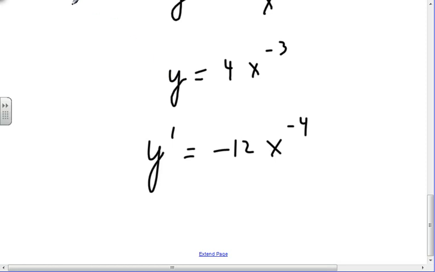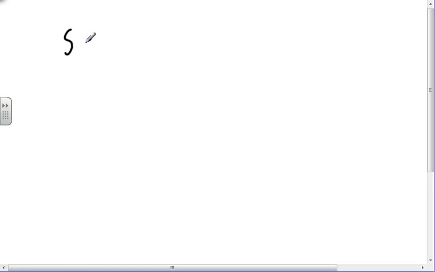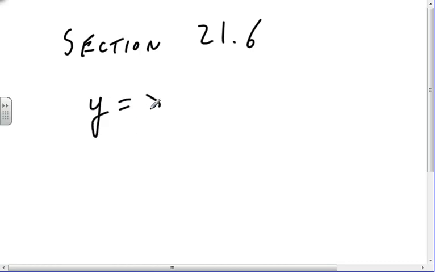All right. So now we're in section 2.6, and we have if y is equal to uv, then y prime is going to be uv prime plus u prime v.